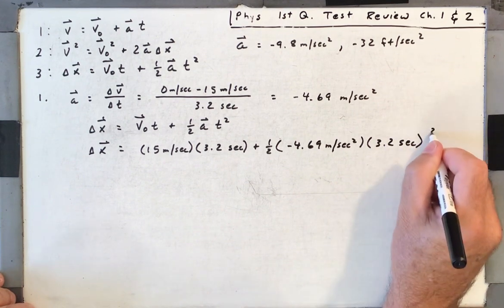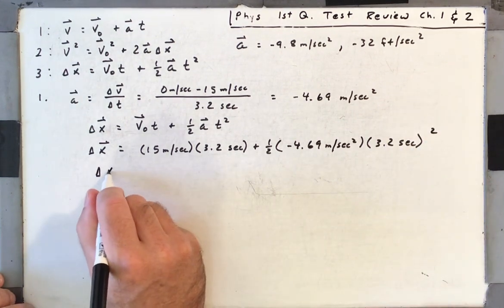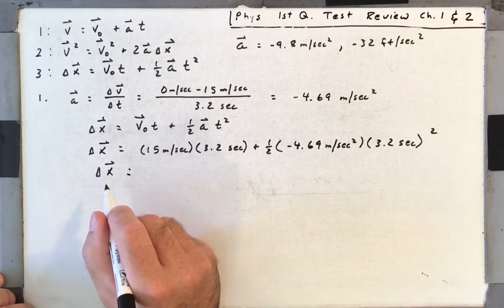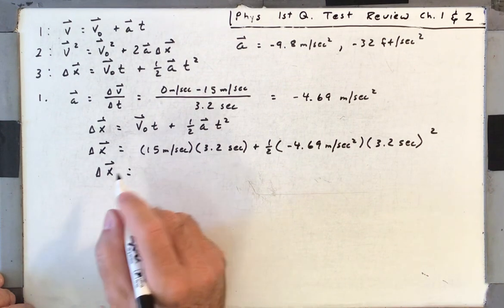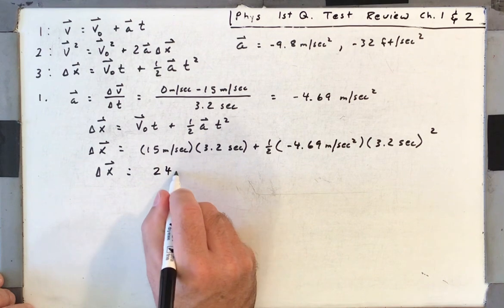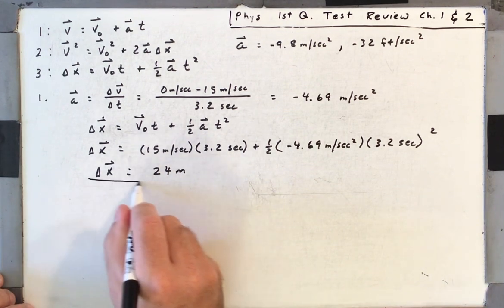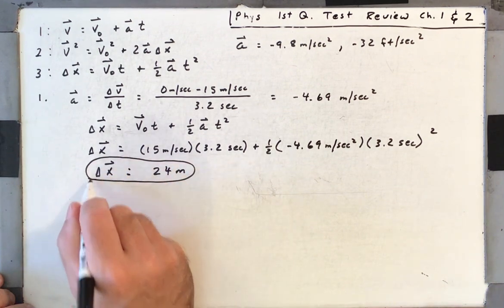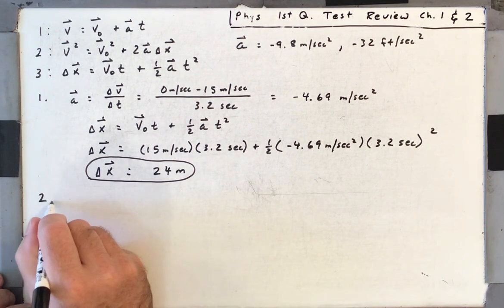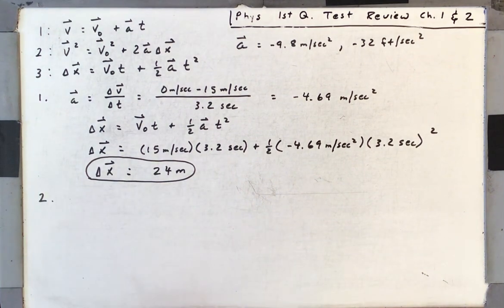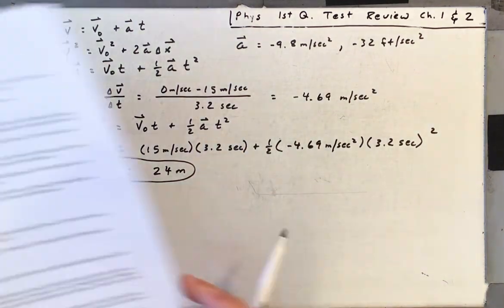Don't forget to square it. All right, so delta x is 24 meters. Ooh, that's not much. I think the damsel's in trouble. All right, that was a good problem because it forced you to find acceleration first, even though you weren't given acceleration. All right, number 2.